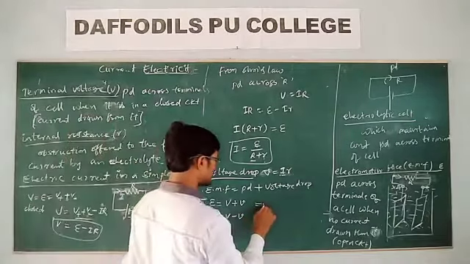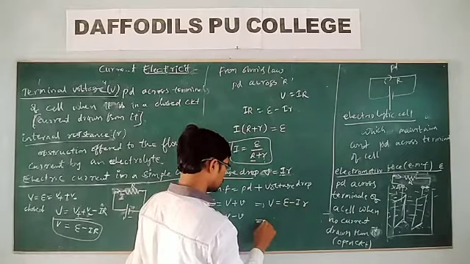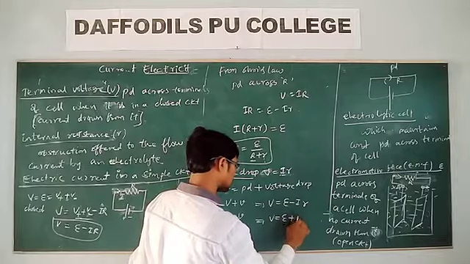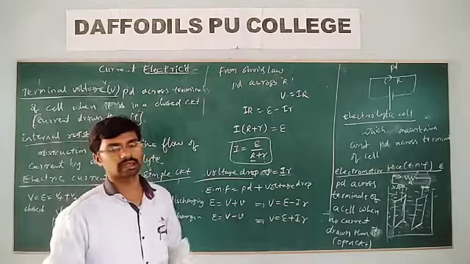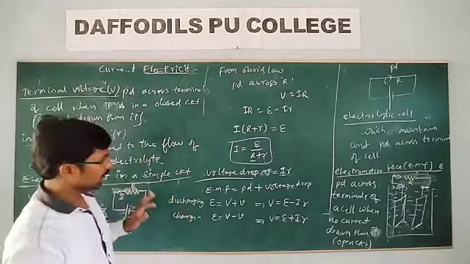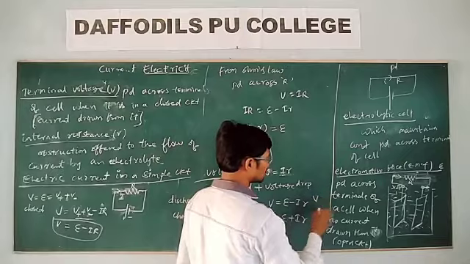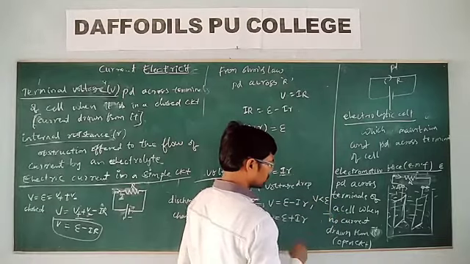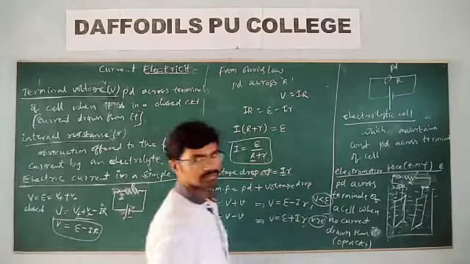Therefore, what do we get here? During discharging, V is equal to E minus Ir. Here, V is equal to E plus Ir: minus v goes to this side, plus v, then E plus Ir. Is it okay? Therefore, you can understand that during discharging, terminal voltage is less than EMF, but during charging, terminal voltage is greater than EMF.